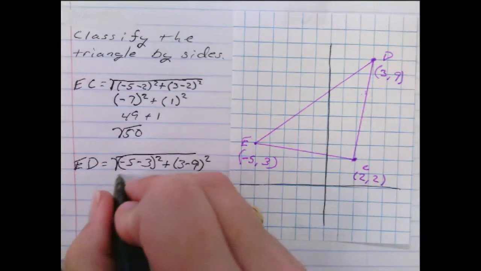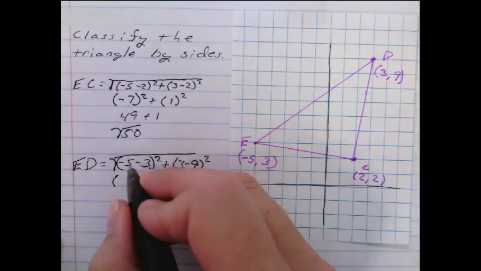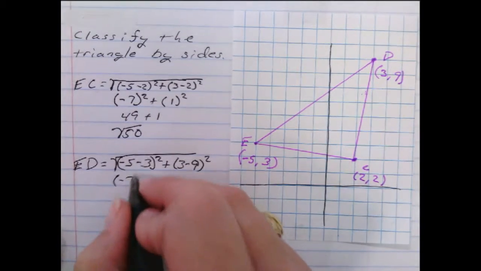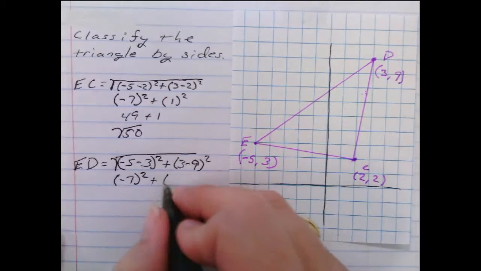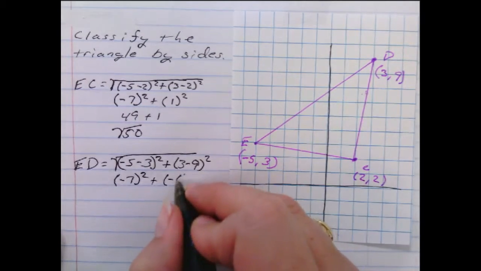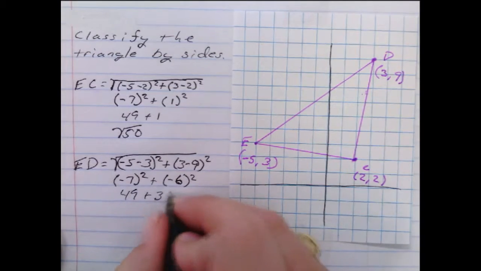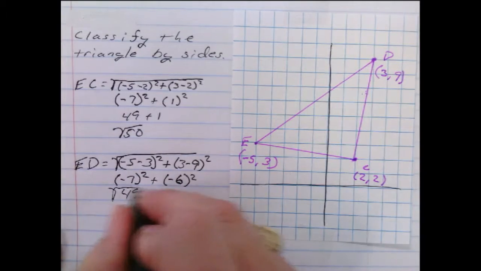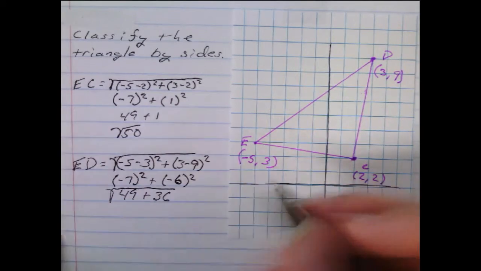Simplifying inside the parentheses, a negative 5 minus 3 is a negative 8 squared plus 3 minus 9 is a negative 6 squared.